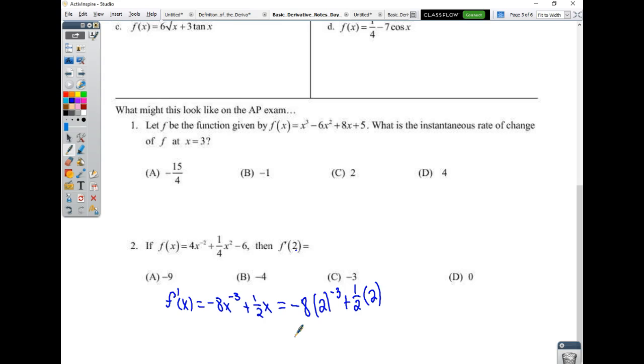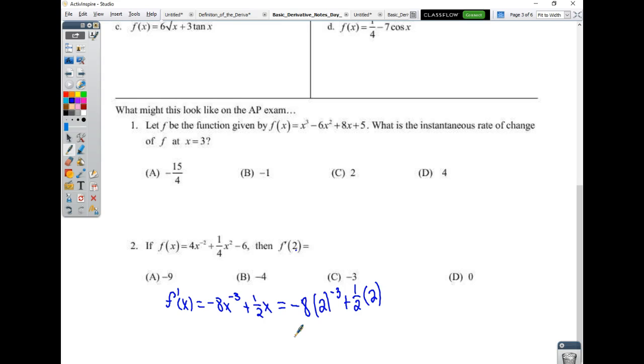I did not write the f prime of 2. I simply said f prime of x equals this, and I told you that this is equal to that. Which is not right, because this is not f prime of x, this is f prime of 2. This is called a linkage error.